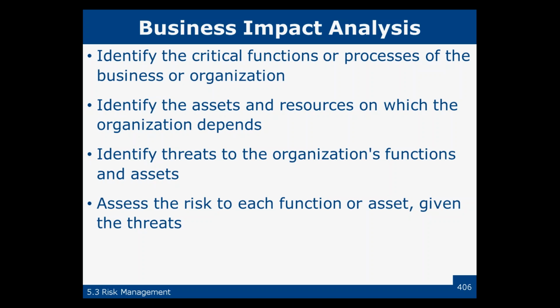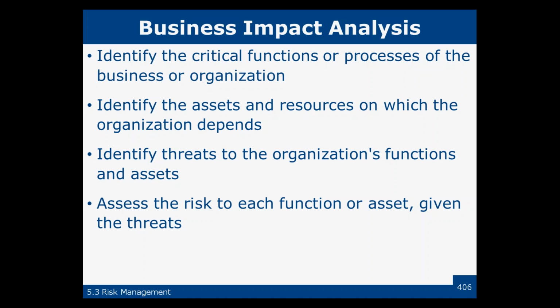One of the things you may do when you do this is find things that you may not necessarily need. Then after we identify the functions, we're going to identify the assets and resources on which the organization depends. What do we have to have? If the whole thing went away, what will we have to bring up first? What will we want to repair first?